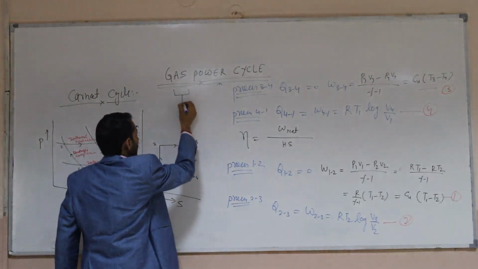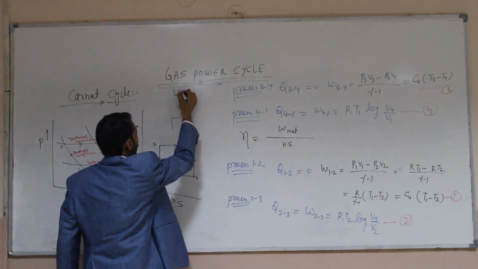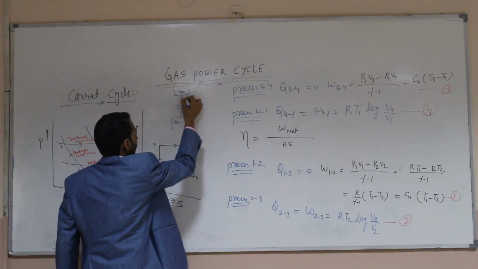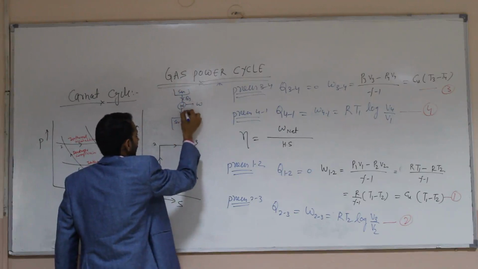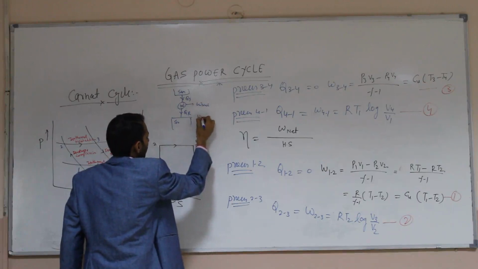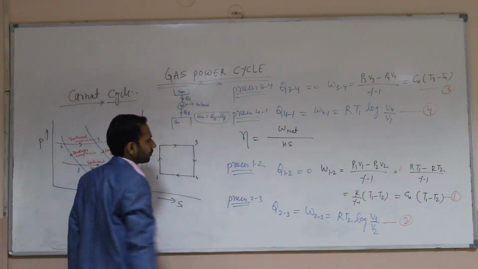Because this is a cyclic process, if we consider a source-sink diagram, this is the source, this is the sink and this is your heat engine. If QS is the heat supplied and QR is the heat rejected, then W net will be QS minus QR.